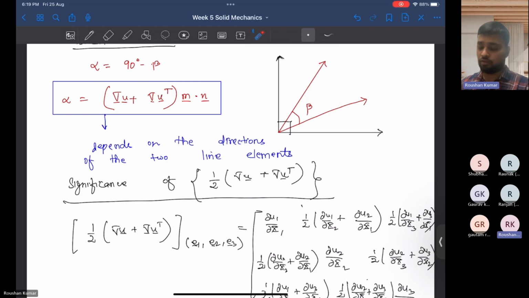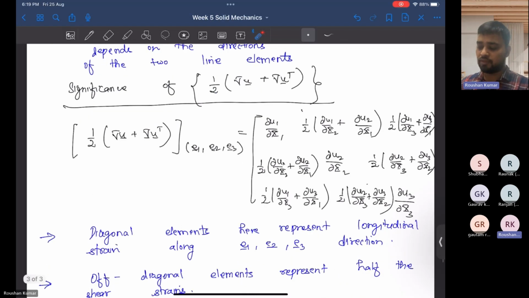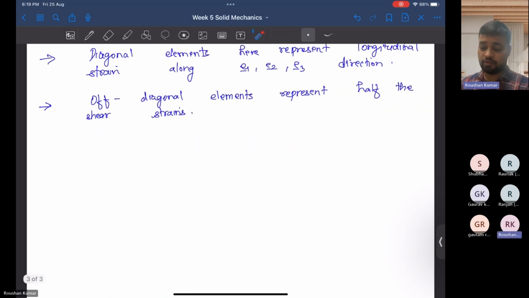I also told you the significance of half of grad u plus grad u transpose. If we write this tensor in component form, the diagonal elements correspond to longitudinal strain along the E1, E2, and E3 directions, and the off diagonal components represent half the value of the shear strain. So this is all about lecture number 12.